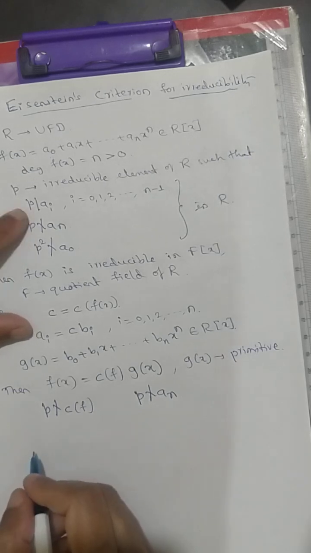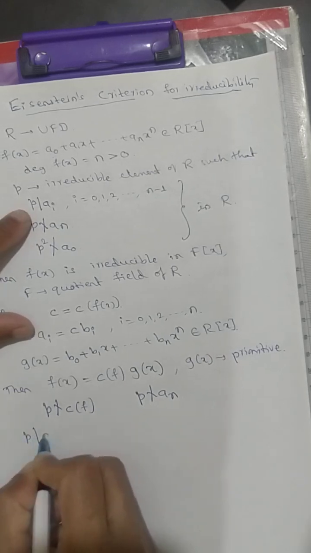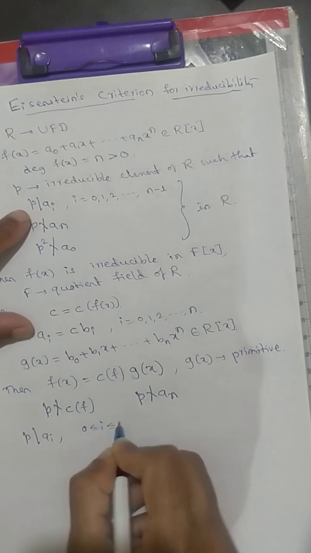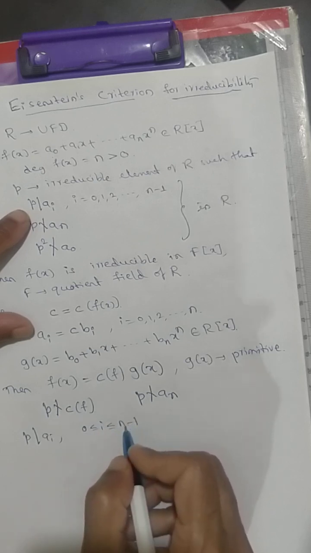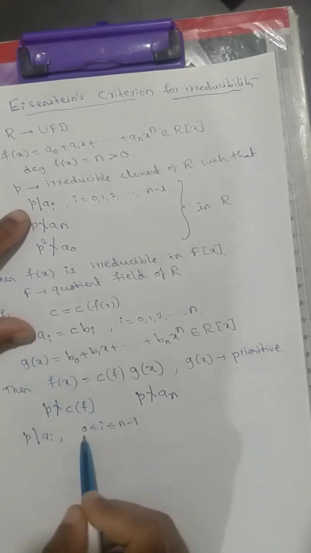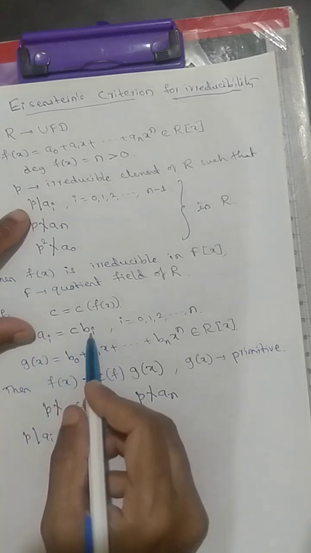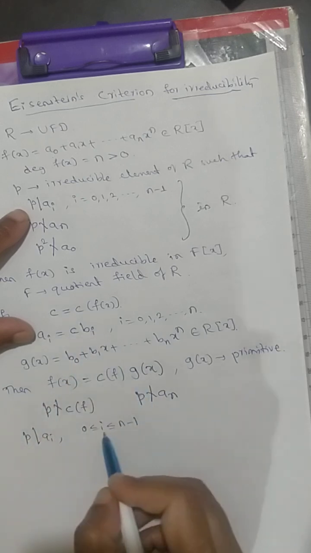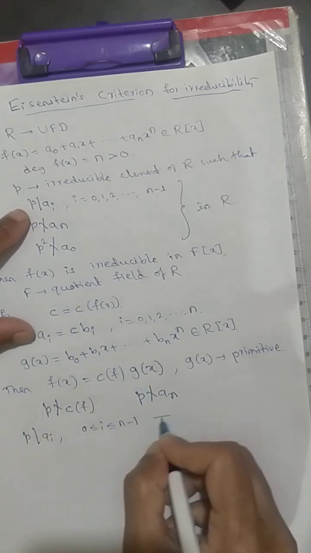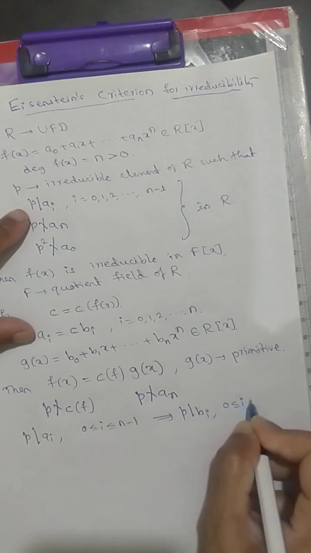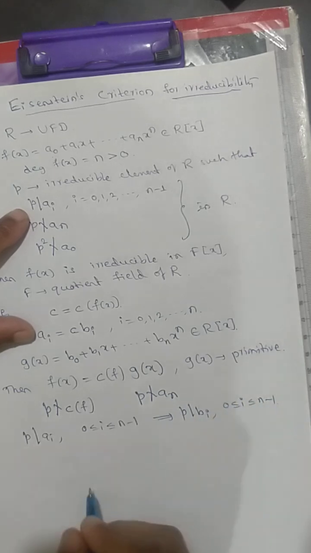But again it is given that p divides a_i for i from 0 to n minus 1. Since p doesn't divide c, it implies that p divides b_i for i equals 0 to n minus 1.